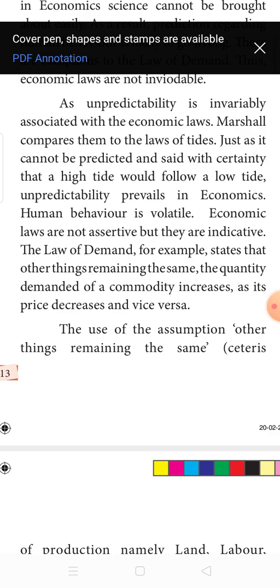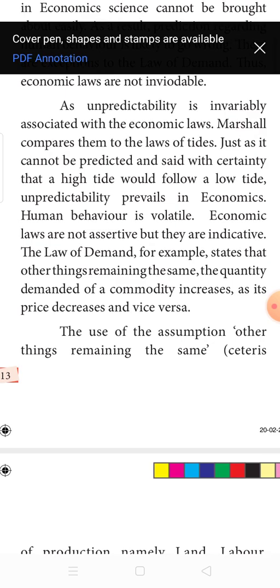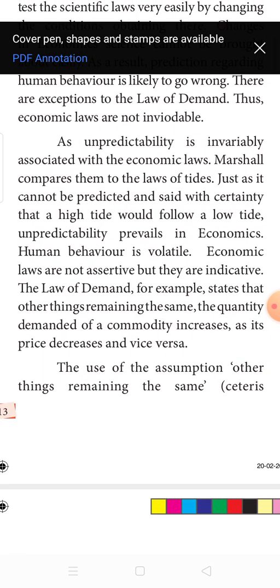It is never possible, because it is very difficult to analyze and clearly predict the behavior of human beings, because economics is a study of human beings, how man acts in his present life. Marshall's definition of economics: a study of human behavior in the regular business of life. What man does in his regular business of life is economics. So it is totally unpredictable.